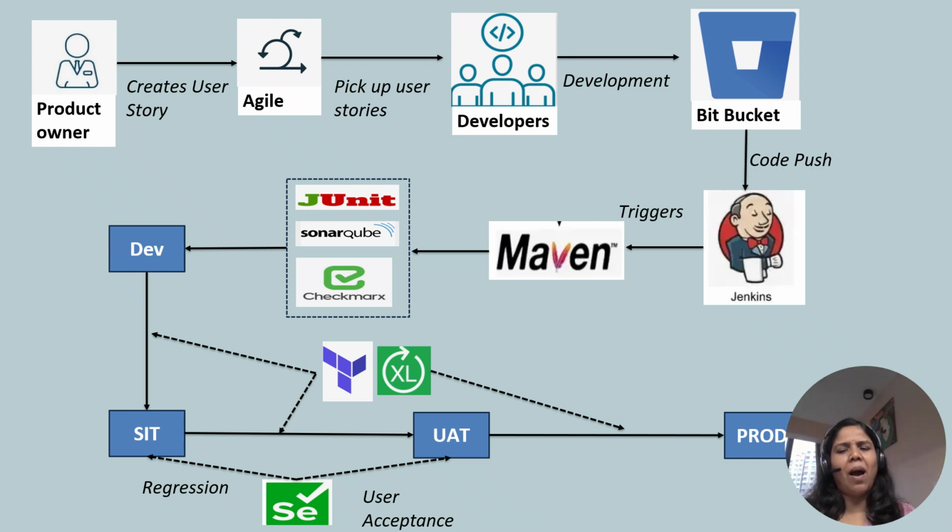Maybe I can explain how we did it 10 years before, when I was working as a developer. I do the build, then I copy the binary, then I prepare the deployment package and deployment procedure, then I pass it to the infra team. Then based on the deployment procedure, they do the deployment.